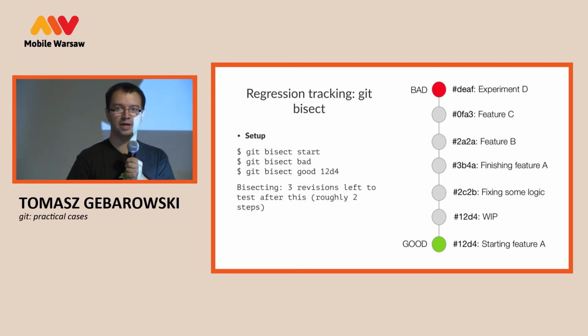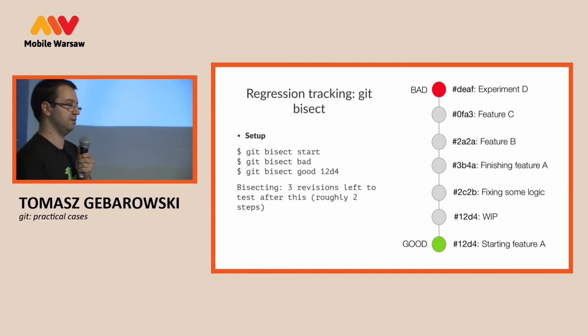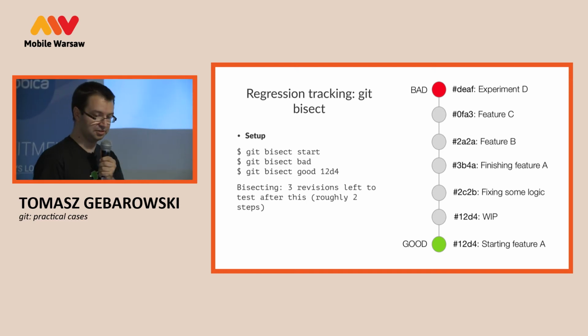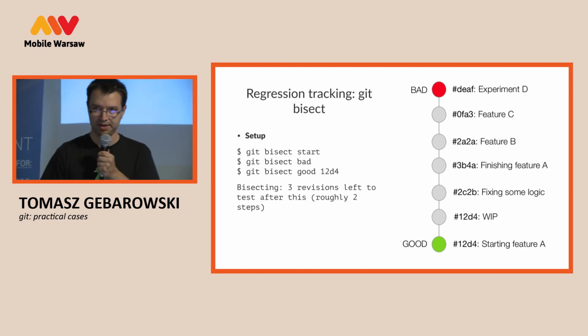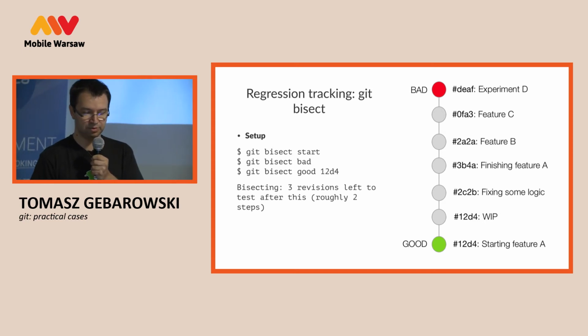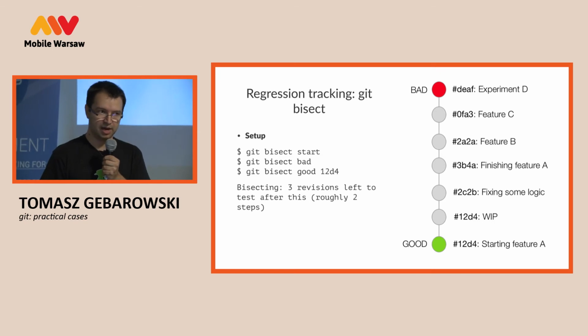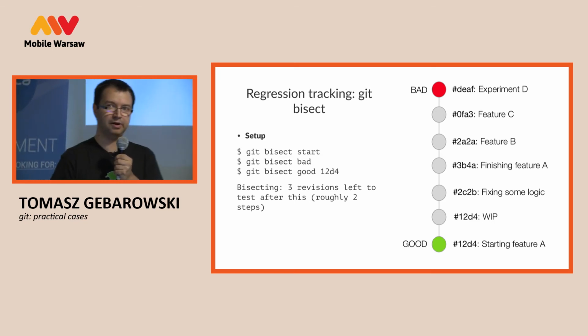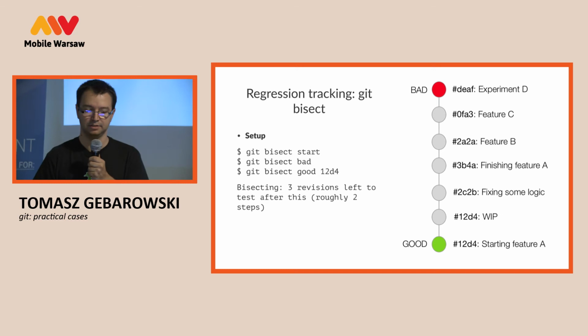Let us assume that we have some kind of regression that we want to track. Then we simply invoke Git bisect start. After that, we indicate the bad commit in which we can observe the regression. In this case, when we invoke Git bisect bad, it will automatically assume that the regression is at the current state of head.